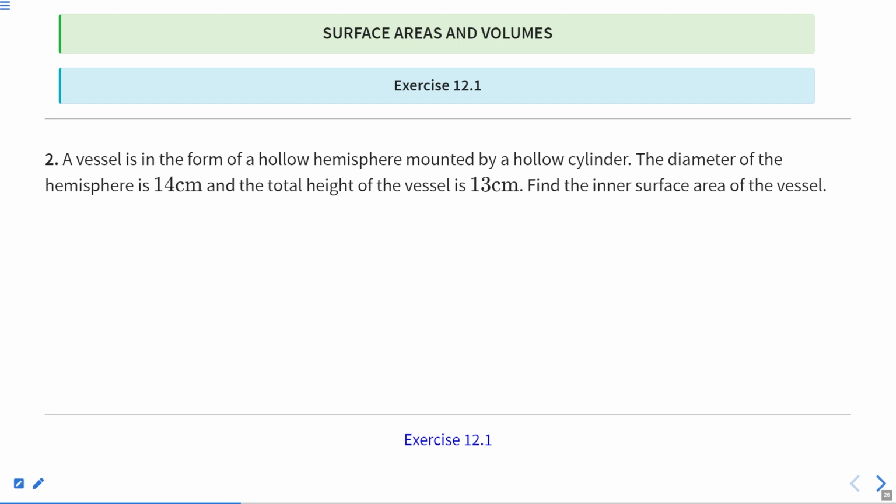Then find the inner surface area of the vessel.